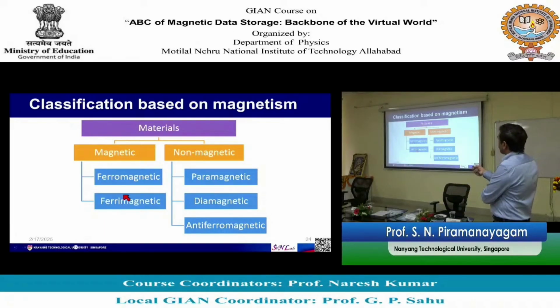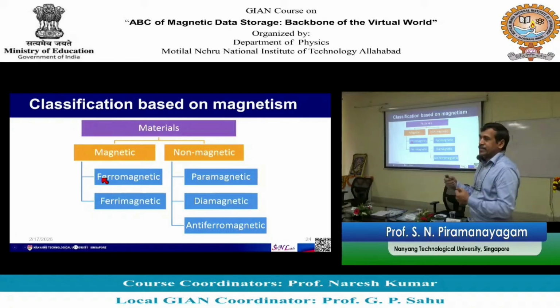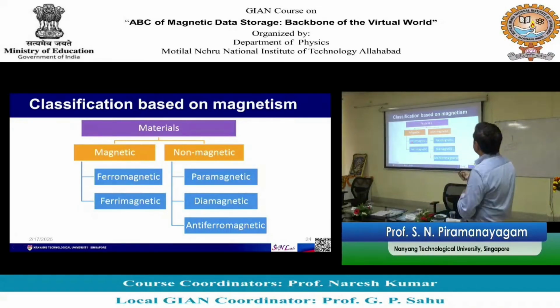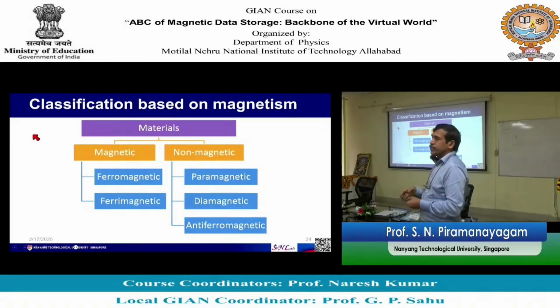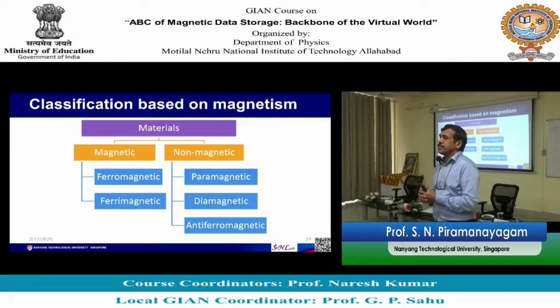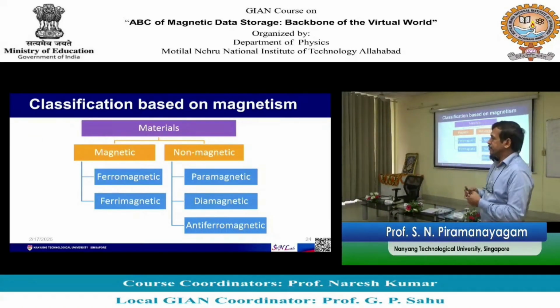So, ferromagnetic and ferrimagnetic materials are the ones that get attracted to magnets, and paramagnetic, diamagnetic and antiferromagnetic materials also respond to a magnet, but in a very weak sense.